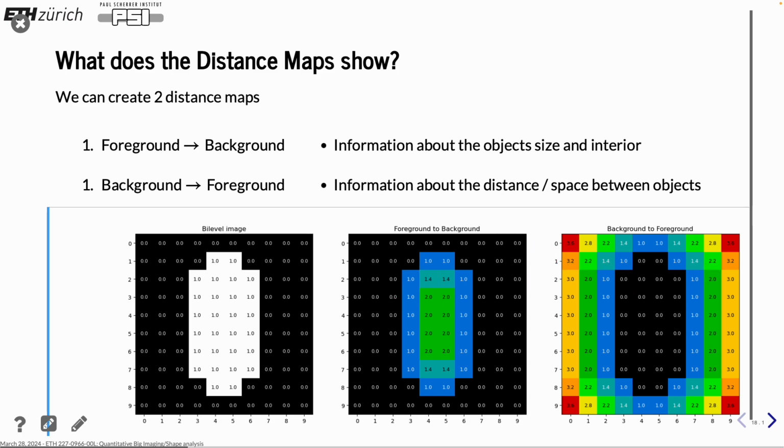Depending on what you want to do, you can do either one of them. And it's not so difficult to produce, because you can just reverse the images. So if you have a black and white image, it's one minus the image, and then you can get the other one.